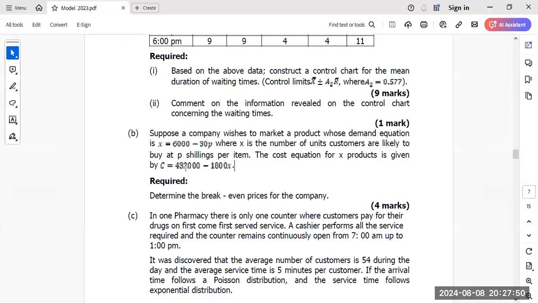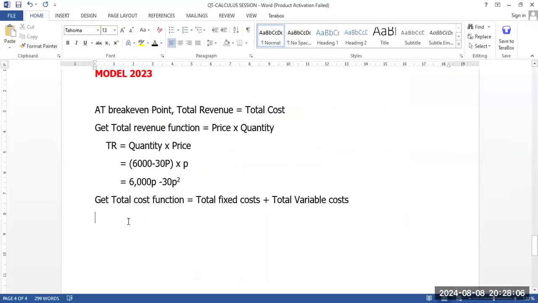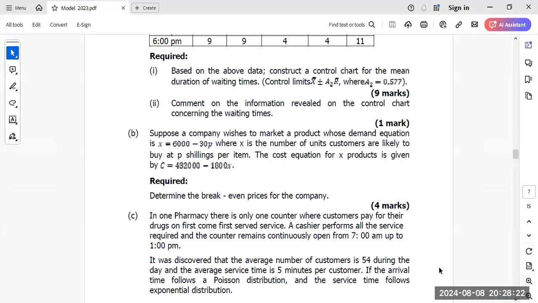So this is our function, 432,000 minus 1,800x. Our total cost function is equal to 3,204... Am I copying the right things? 432,000.